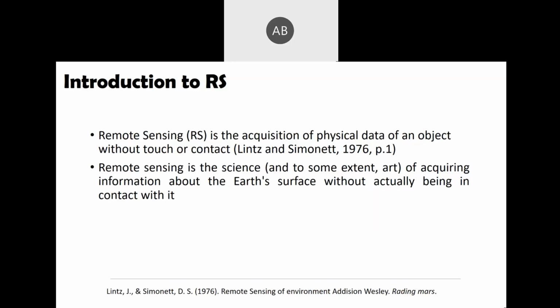Then your ears: if you're listening to music, you can hear it from a distance. That is also a remote sensor. Then with your nose, you smell. Unless someone has COVID, you lose the sense of smelling.